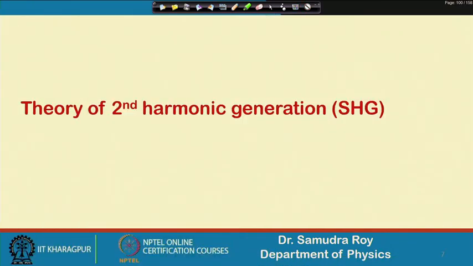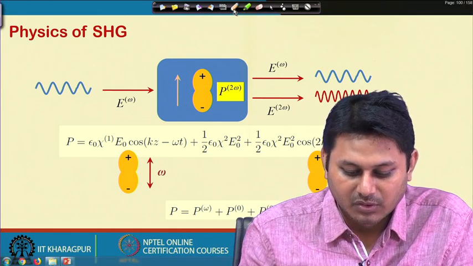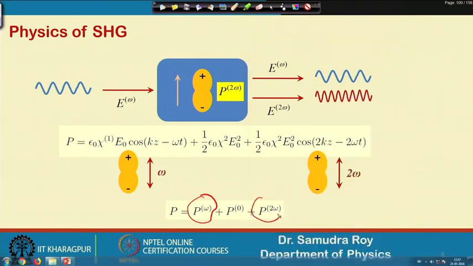Now, we are going to learn, as I mentioned, the theory of second harmonic generation. If I go back to the picture, which we have already shown in our previous classes, if I launch an electric field of E omega, the polarization is going to vibrate. These are the polarization terms. Several times I mentioned that for this polarization we have a frequency component P omega and P 2 omega.